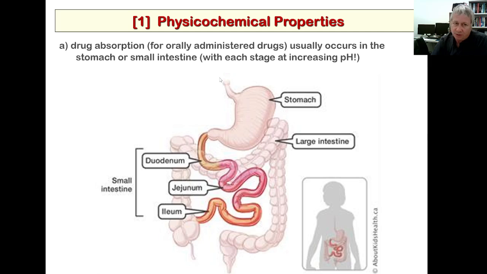A drug would be consumed orally and first enter the stomach, and then it'll proceed through the duodenum and the jejunum and the ileum. These are all part of the small intestine, and then that continues into the large intestine. And usually most drugs will be absorbed in the stomach or the small intestine.